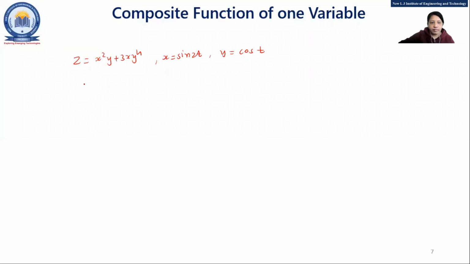Now find out dz by dt when t equal to 0. So here again, same thing: z will depend upon two variables x and y, and x and y will depend upon t. Okay. So dz by dt.